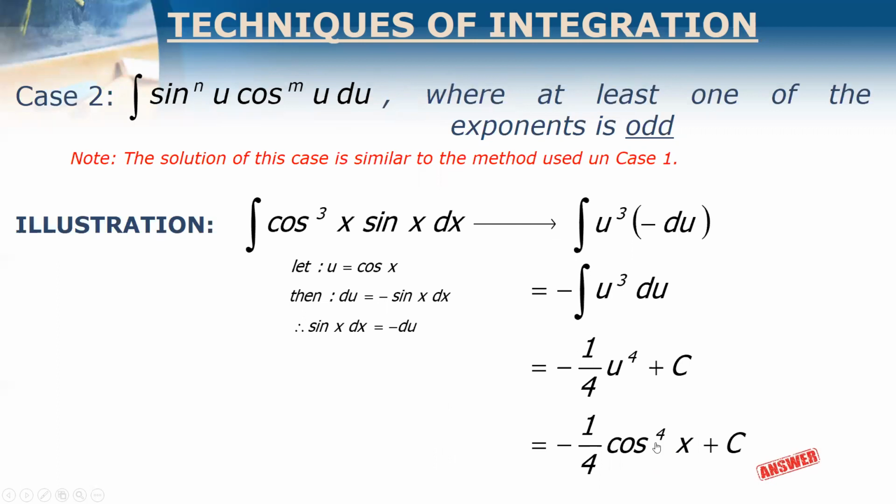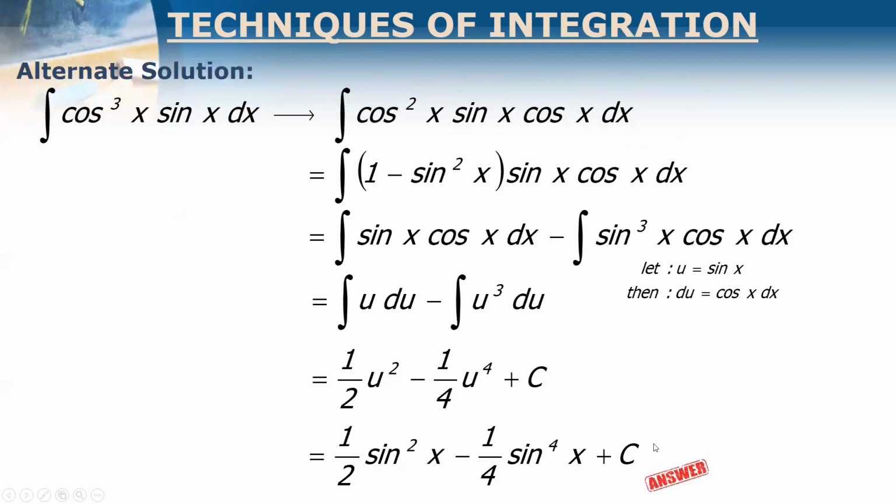You can try it for yourself and prove that this negative 1/4 cosine x raised to 4 plus c is equal to this. It's for you to prove. But this can be proved, that this is equal to the previous one.